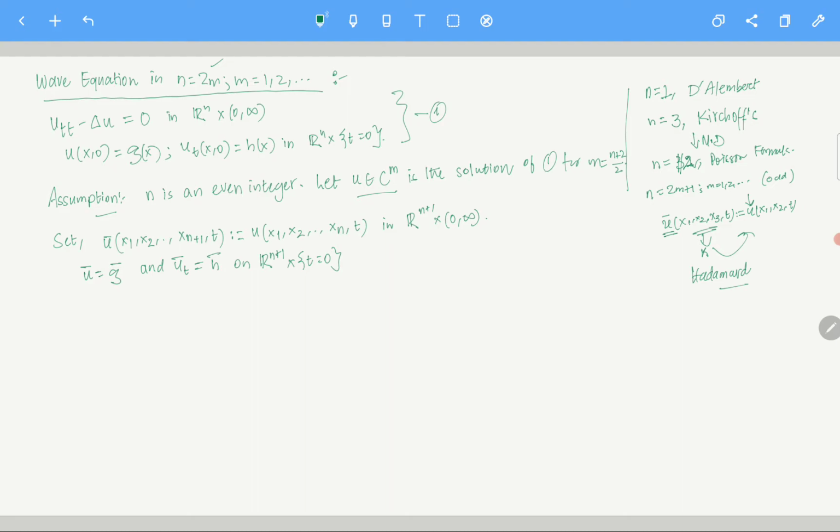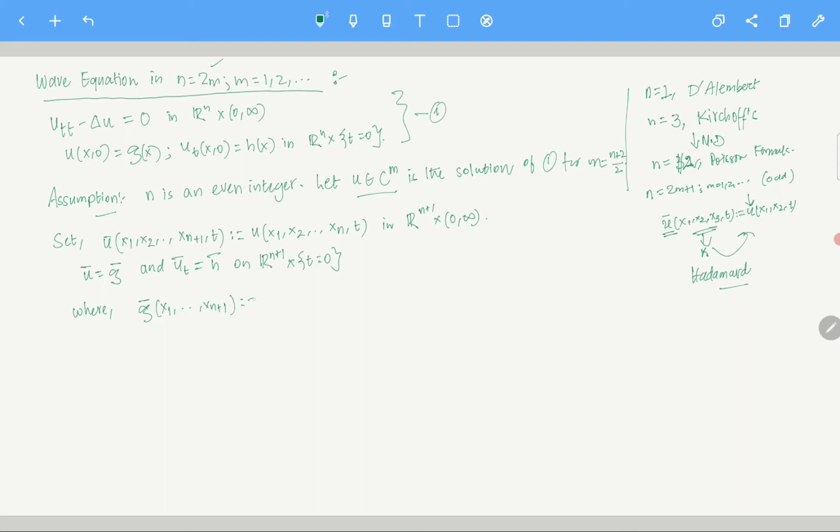Here, you remember how we defined g bar of x1, ..., x_(n+1). No t is there, so this is basically in the base, t equals 0.